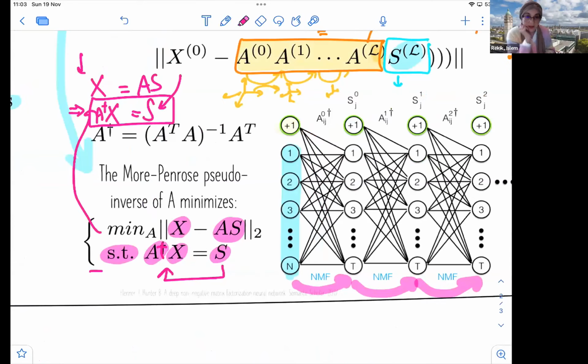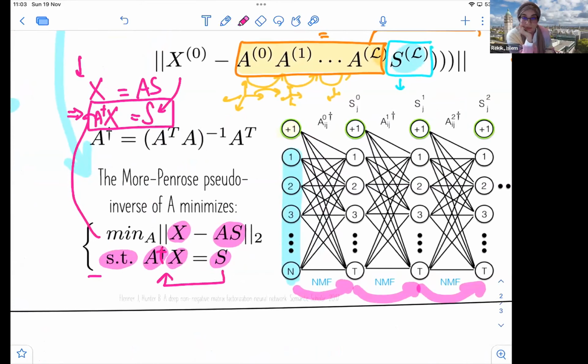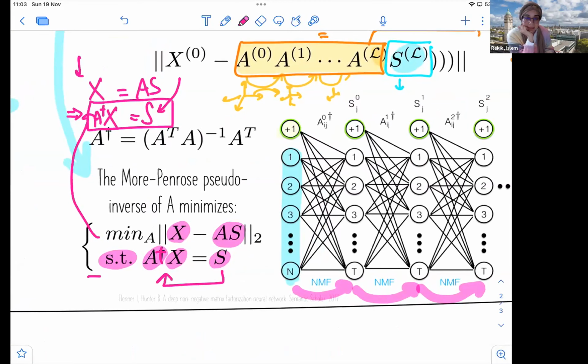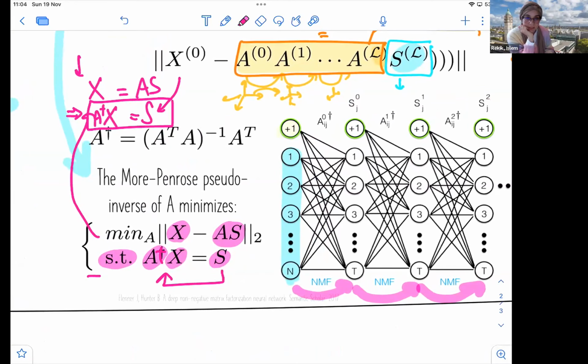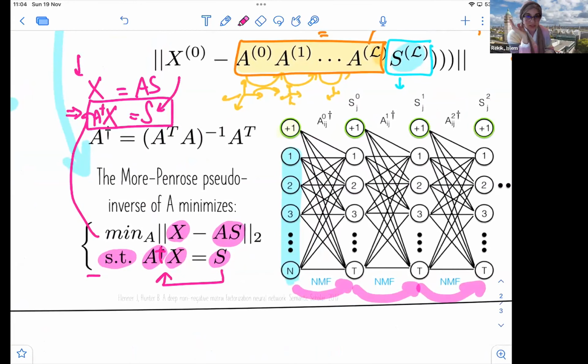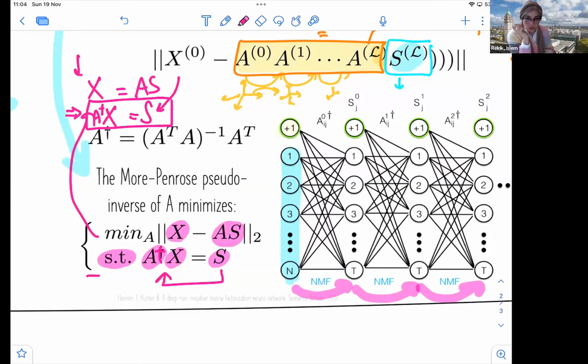If A is not invertible, we will use what we call the Moore-Penrose pseudo-inverse of A. If you cannot invert A, you can use a pseudo-inverse, and this is commonly used. The pseudo-inverse has a beautiful, compact algebraic formula: A transpose A, then you take the inverse of that, and then A transpose. Keep that in mind, because if you cannot invert matrices and you have some errors, you can always use a pseudo-inverse and have beautiful solutions to your problem.